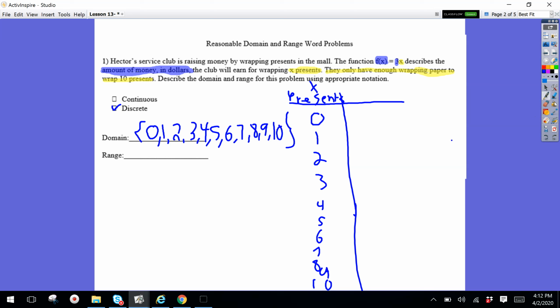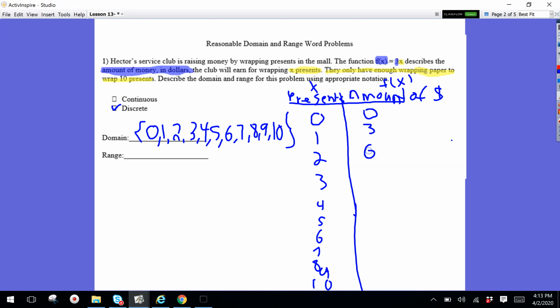So I have amount of money, and this is my f of x. And we're going to find how much money each present earns by, again, multiplying by 3 here. So if I wrap 0 presents, I'm going to make $0. If I wrap 1 present, I'm going to get $3.